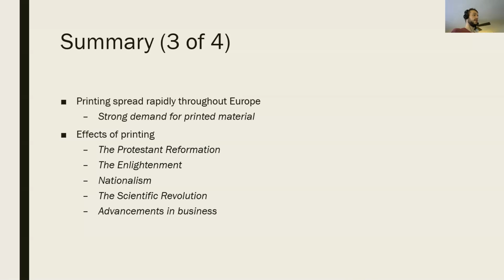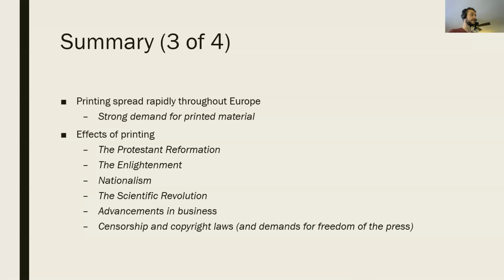We saw that printing could make many economic advancements, especially in business. And we saw that there were many legal impacts of printing as well, such as censorship by institutions like the church and the courts, and also the development of copyright laws, the idea of intellectual property, and demands for freedom of the press.